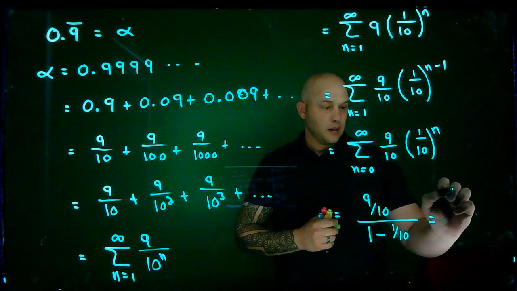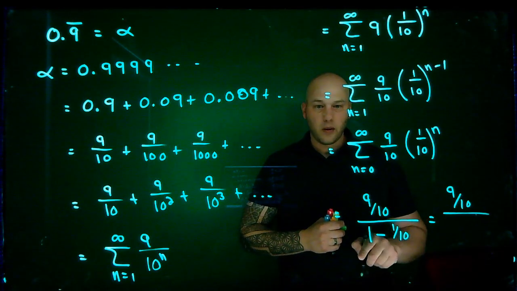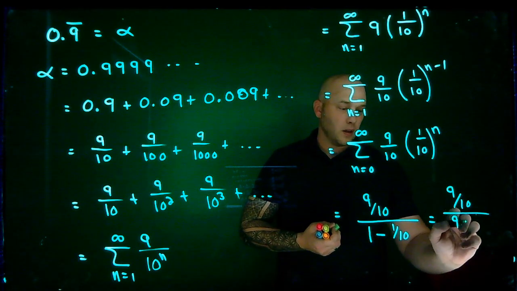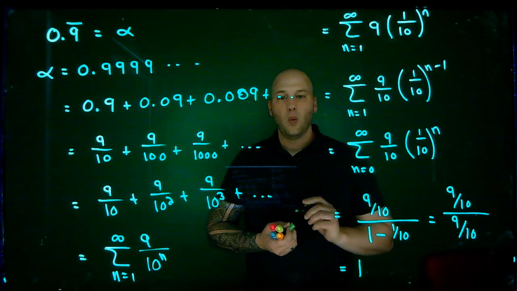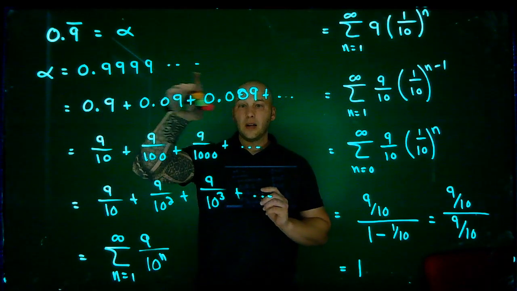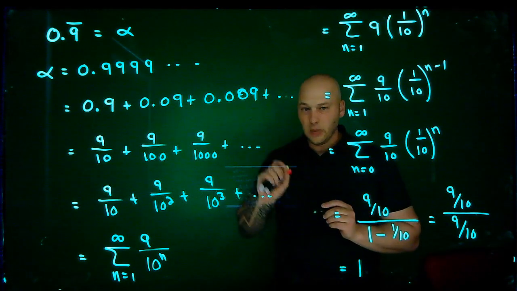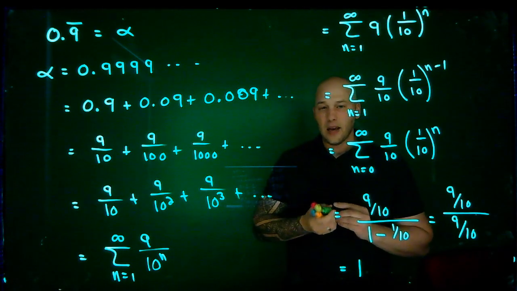Okay, 9/10 divided by, well, 1 minus 1/10, 1 would be 10/10, minus 1/10 would give me 9/10. And of course, this is then equal to 1. So therefore, the value of 0.9 repeating infinitely many times is not a tiny bit less than 1. It is exactly 1. Is that counterintuitive?